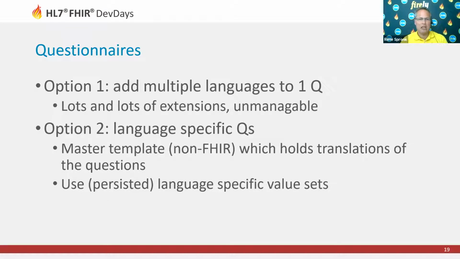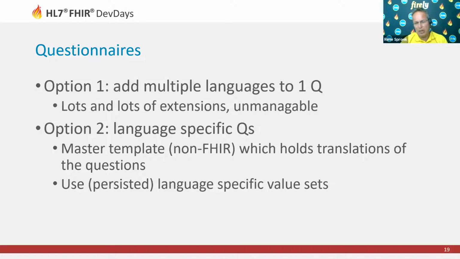What we've also seen in some projects, in option 2, is that they want to go for language-specific FHIR questionnaires. In order to do that, they have some master template for the questionnaire, which includes all of the questions and the answers in all of the various languages that they wish to support. But this master template, I've seen, is sometimes non-FHIR. So they create a master that contains all of the complexity, transform it into the language-specific questionnaires, one for Swedish, one for English, etc., and persist those questionnaires.